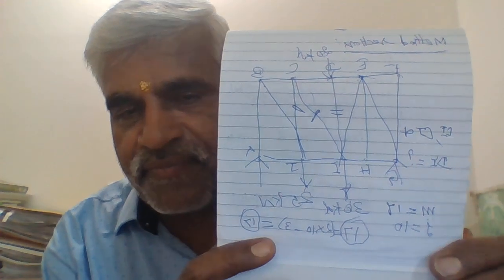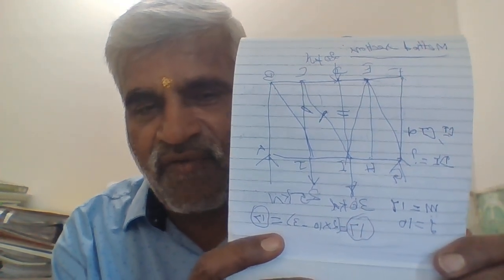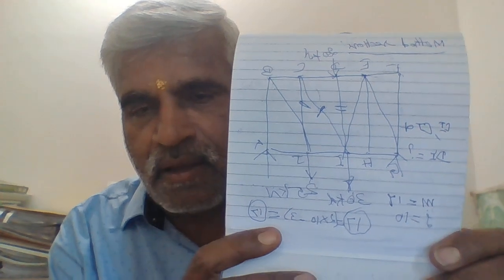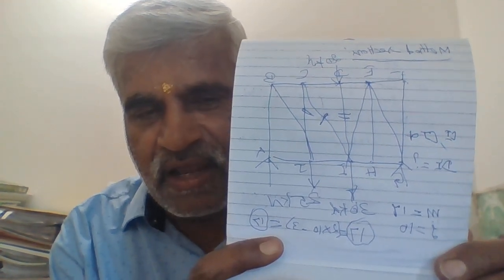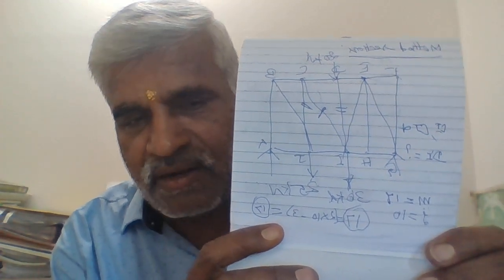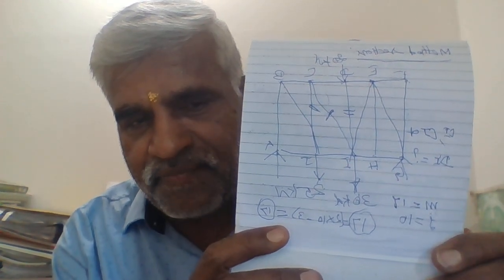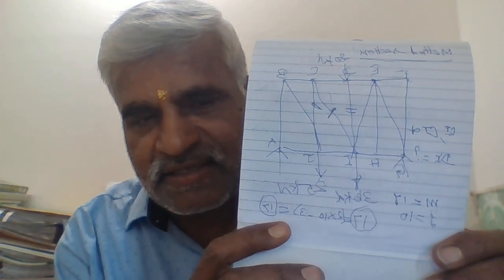Now we are going to see a demonstration of how to find the forces in the members of the truss, especially only three members I have marked, that is the members CI, DI and CJ.